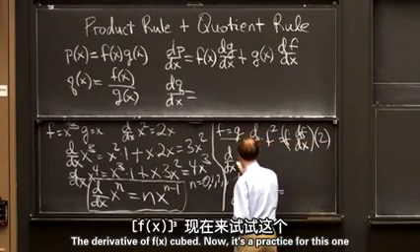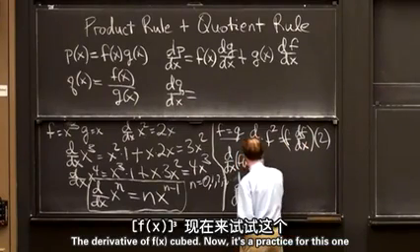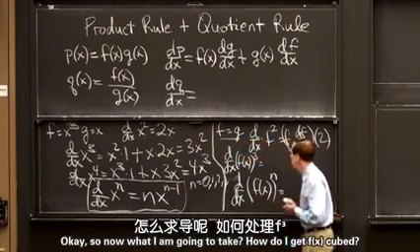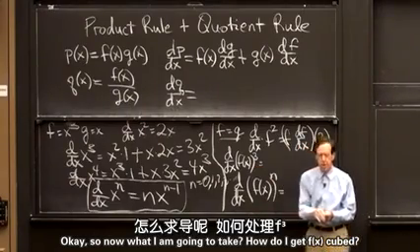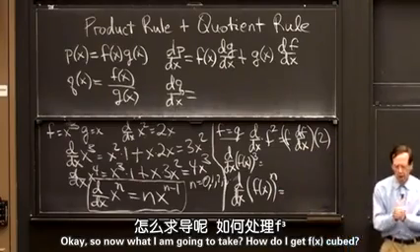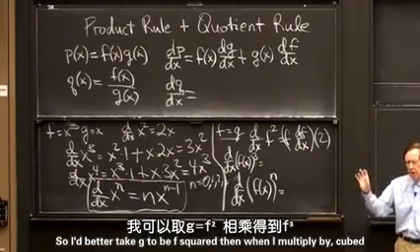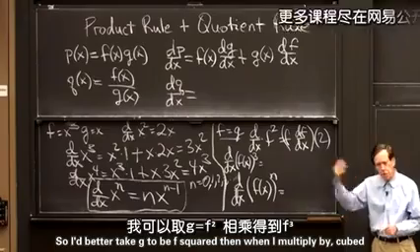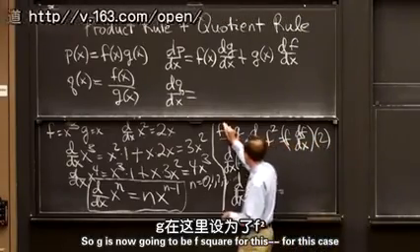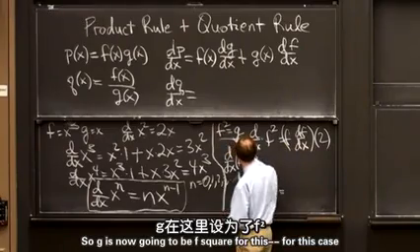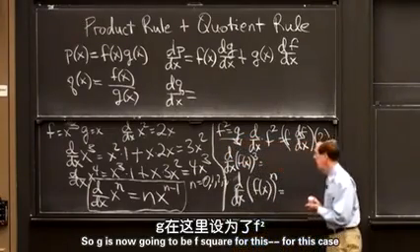Let me see it here. The derivative of f of x cubed. Now let's practice with this one. Okay. So now what am I going to take? How do I get f of x cubed? Well, I've got f, so I better take g to be f squared. Then when I multiply, I've got cubed. So g is now going to be f squared for this case.